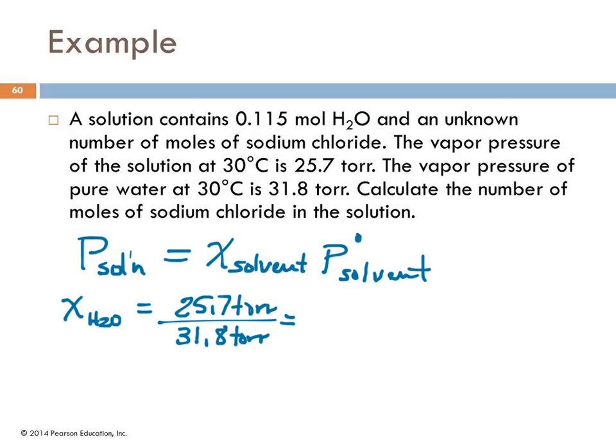If you rearrange your equation incorrectly, you're going to end up with a mole fraction that's greater than 1, and that should alert you to a problem. So there's the mole fraction.